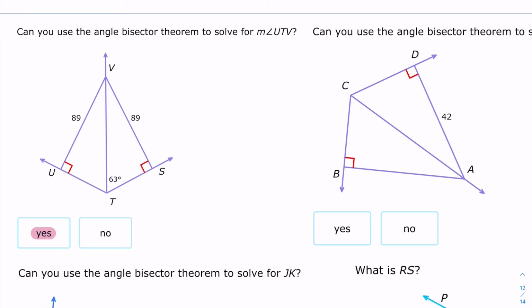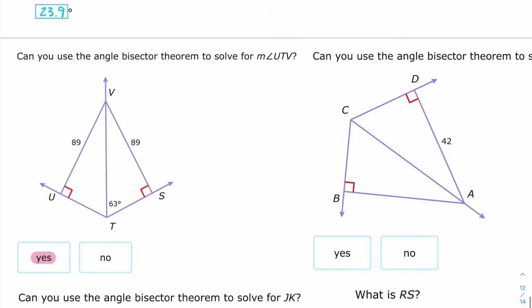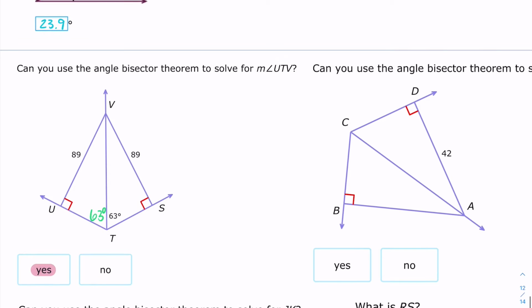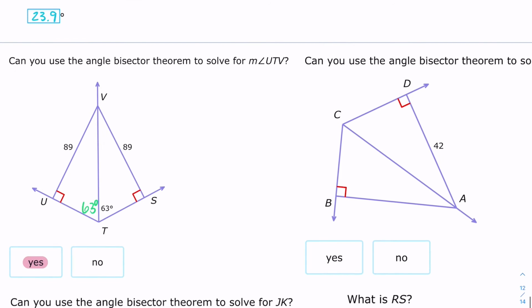And it would be 63 degrees. So it looks like we have one piece of congruent information here and here, another piece, and this third piece of shared information. So that's quite a bit. So the answer to that is yes.